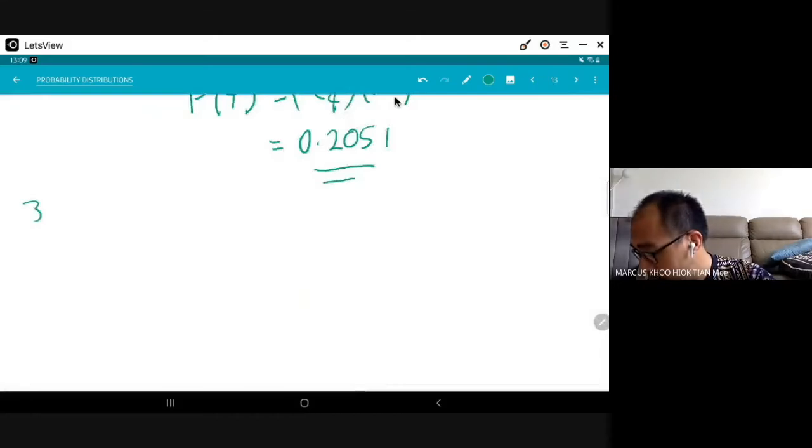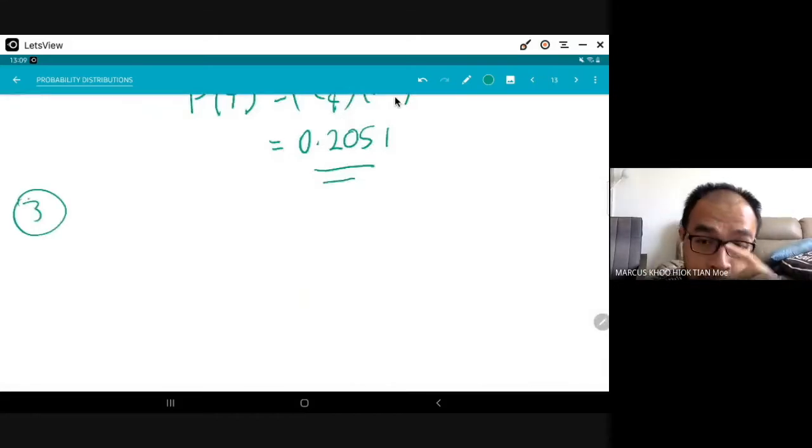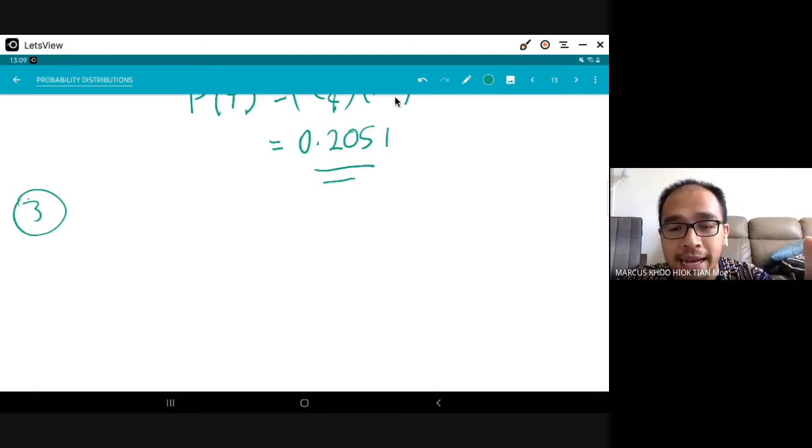Okay, number 3. Now, sometimes probability is given in percent. Okay, tapi jangan kencang, dia sama aja. So, question number 3. 80% of the Form 5 students own mobile phones. This is a lie lah, okay? I would say 99% of Form 5 students own mobile phones.